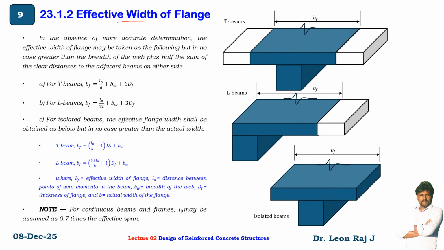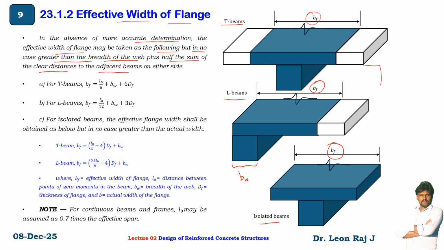Effective width of flange. For T-beams, effective width of flange, that is BF, is very essential to be found. This is an isolated beam, this is an L-beam, and this is a T-beam. In the absence of more accurate determination, the effective width of the flange may be taken as the following, but in no case greater than the breadth of the web plus half the sum of clear distances to the adjacent beams.